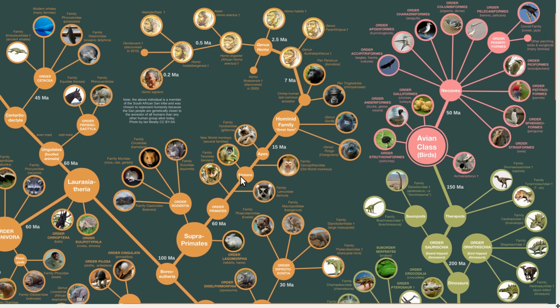And then we get simians, which means monkeys. We get the New World monkeys and the Old World monkeys. And then we get apes. The earliest or most simple type of ape would be the gibbons. And then finally we get the great apes.